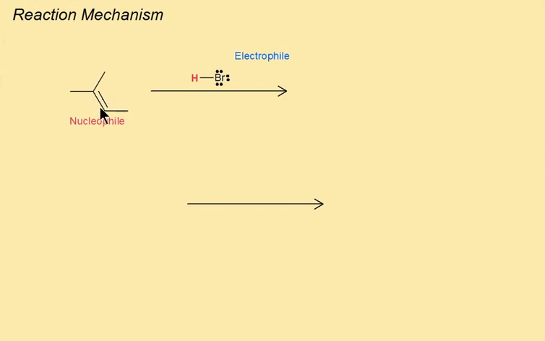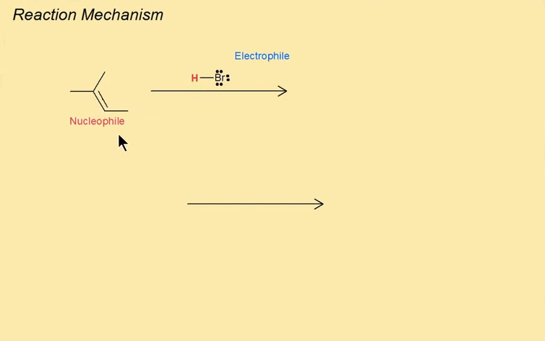This is the molecule which is going to instigate the reaction. And our electrophile is hydrogen bromide, because of this polar covalent hydrogen to bromine bond, with the electrons being drawn away from the hydrogen atom, making it electron deficient, making it an electrophile, an electron lover or acceptor.